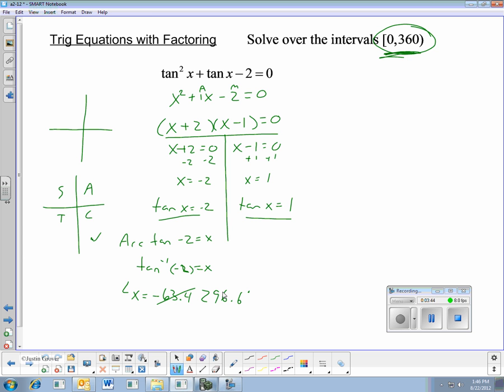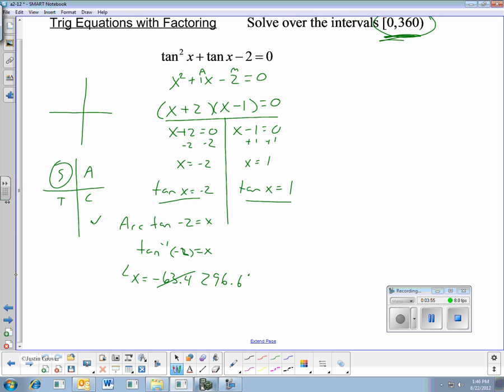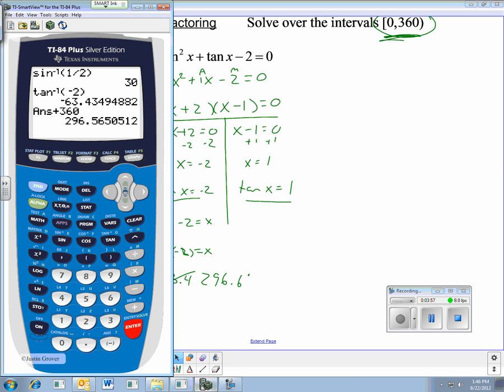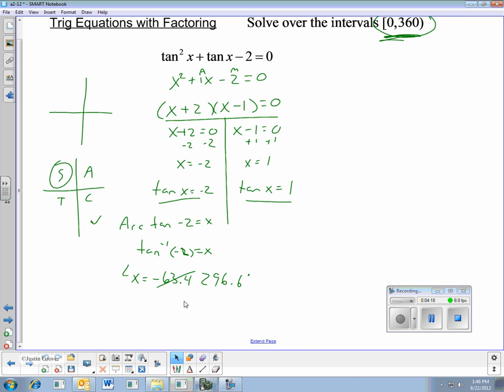But where else is tangent negative? In the second quadrant. So what is the second quadrant angle that's equivalent to 296.6? Now, 360 minus this is the reference angle, 63.4, which we knew. And so I want to know what is that value in the second quadrant. In the second quadrant, we know it's 180 minus your angle.